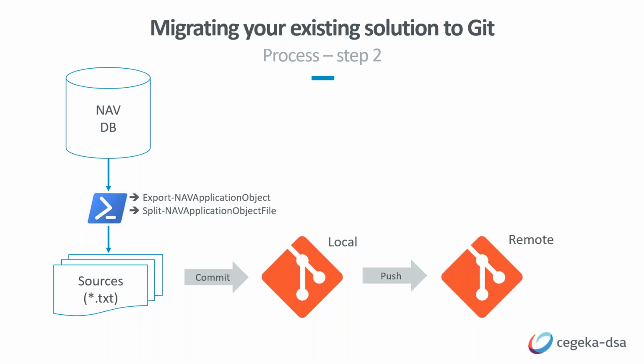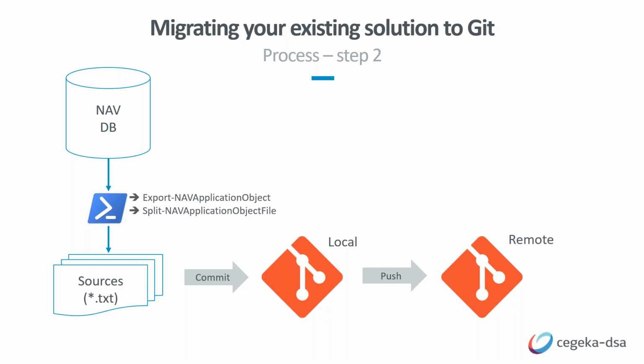You have to export your modified objects with the Export-NAVApplicationObject command. You can add some additional filtering to only export the objects that you modified, because that's what we want to store in source control. Then you have to split them using the Split-NAVApplicationObjectFile command. And then you will have those text files per object, which we will store in Git.